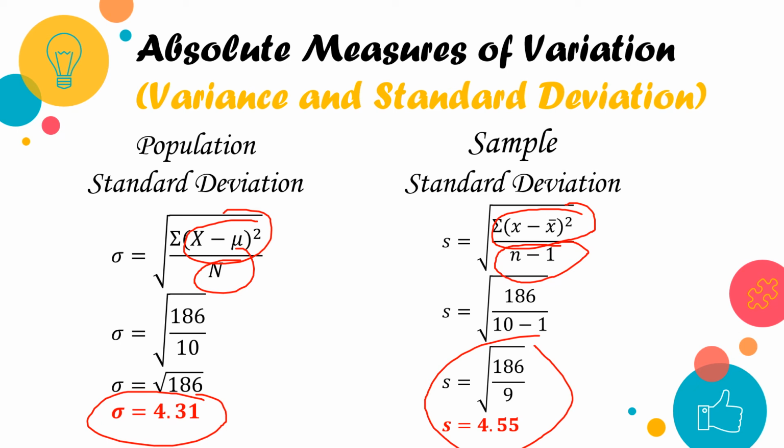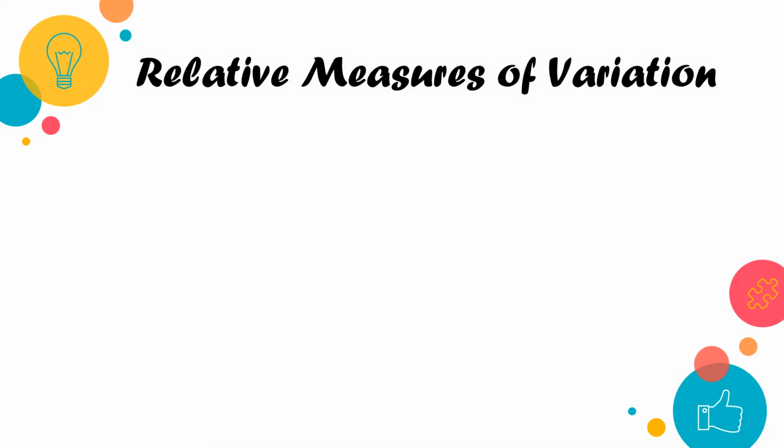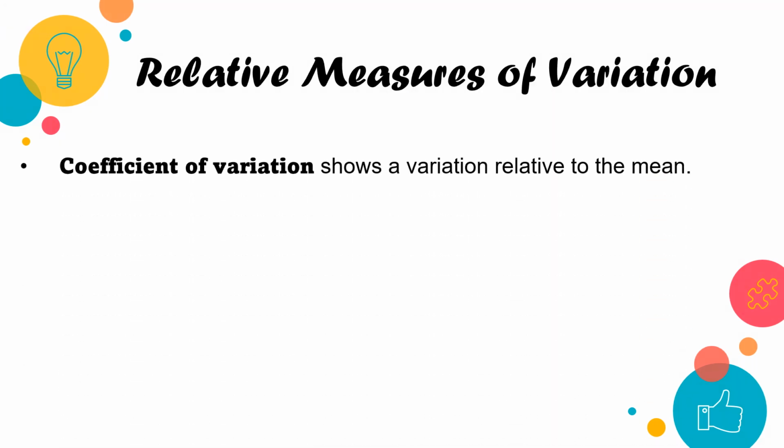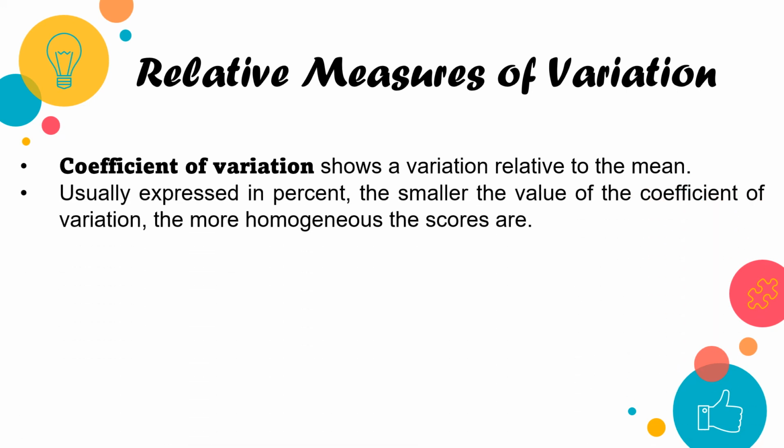Next would be the relative measures of variation. For the relative measures of variation, we first have the coefficient of variation. It shows the variation relative to the mean. It is used to compare two or more groups of distribution of scores. If we have different groups and we compare the distribution of scores, we use the coefficient of variation.